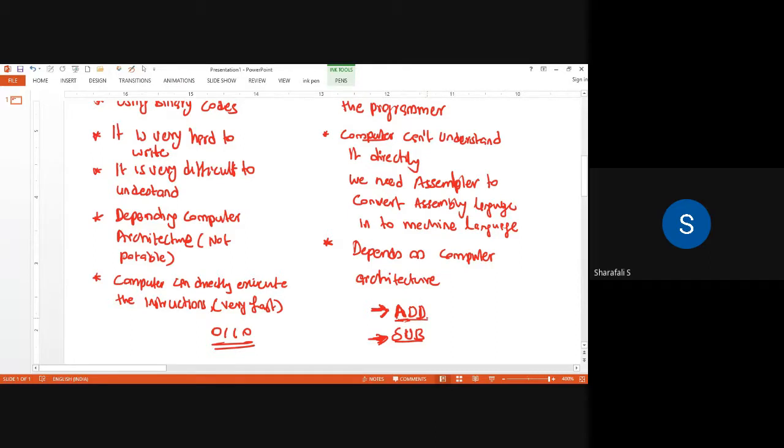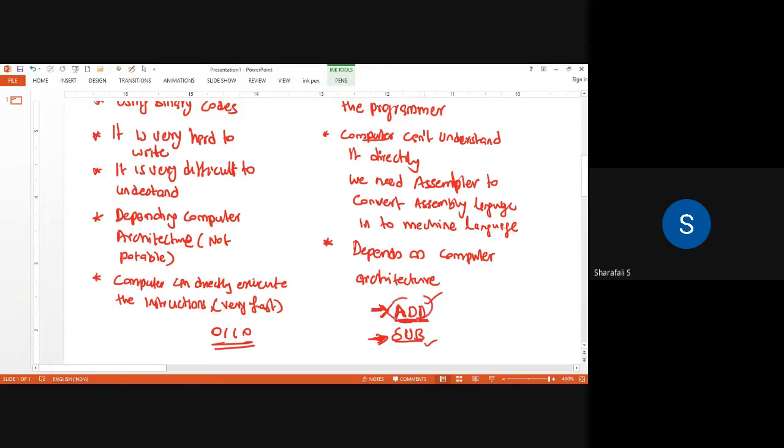It will not be able to run on any other kind of system with a different architecture. But here we can use instructions like add and sub that a programmer can understand, so some kind of connection to the real world can come in assembly language.